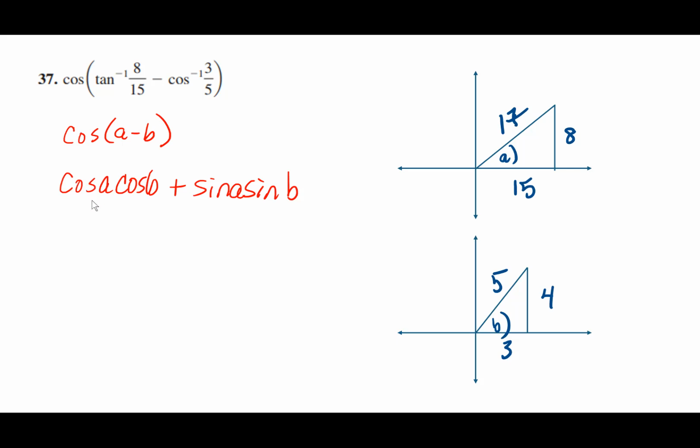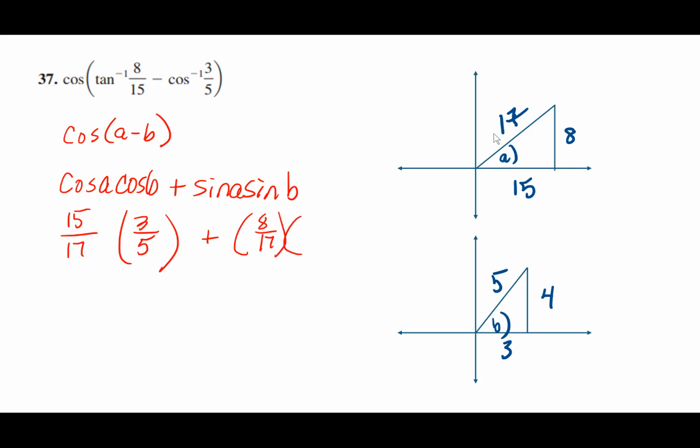And now all I have to do is fill in those values. So the cosine of A is adjacent over hypotenuse, so 15 over 17. And then cosine B is adjacent over hypotenuse, 3/5. And then plus sine A is opposite over hypotenuse, so 8 over 17.